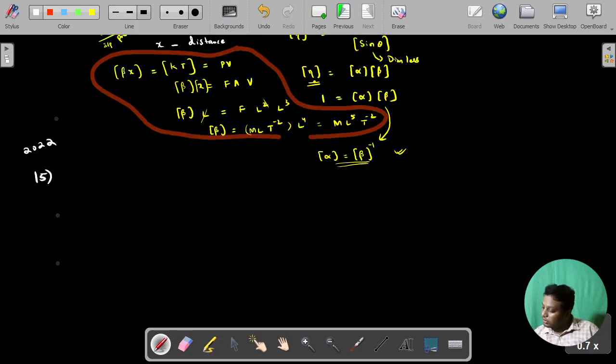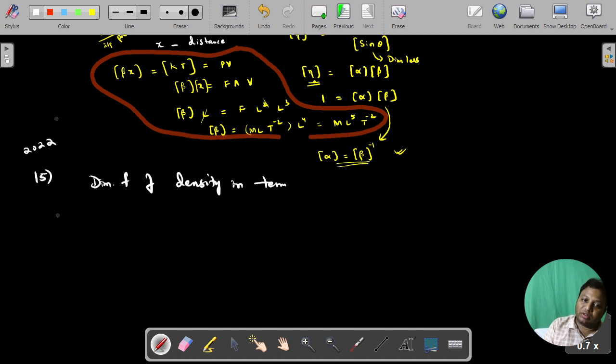Okay, so they are talking about the dimension of density in terms of C, G and H. There is an elaborate procedure to express this one. So you might have done a good number of questions in your board exam preparation also for this one. You will find a good number of questions in the material or your textbook for explaining this approach.